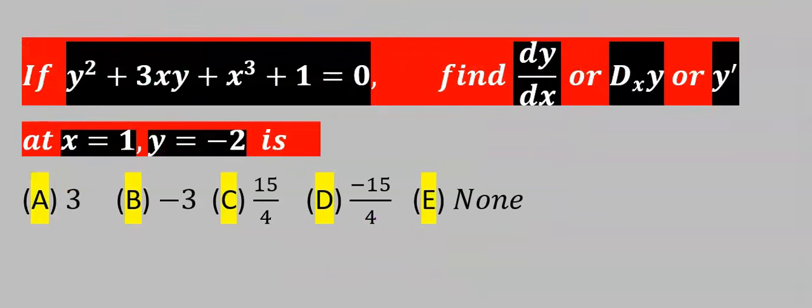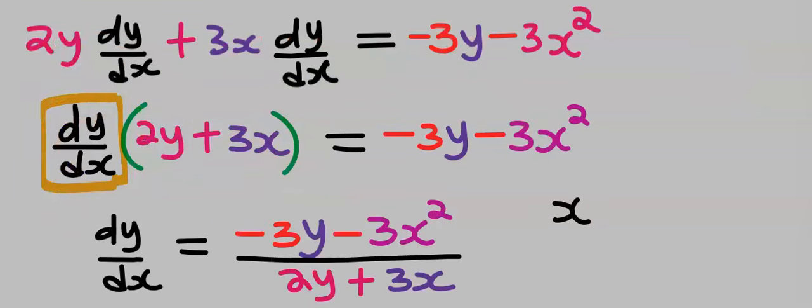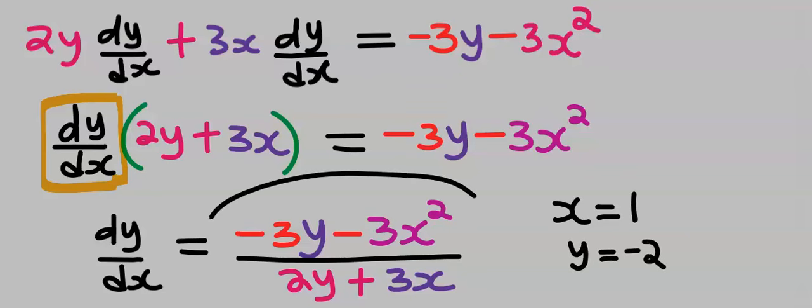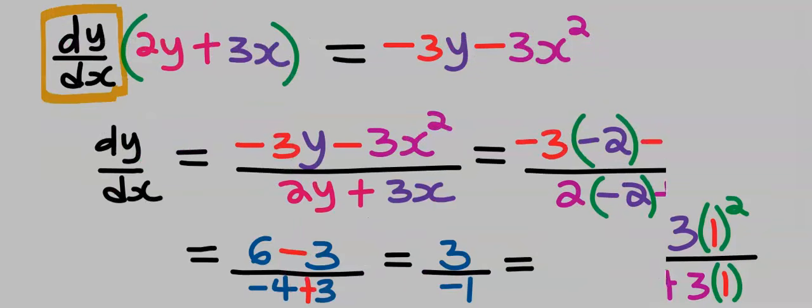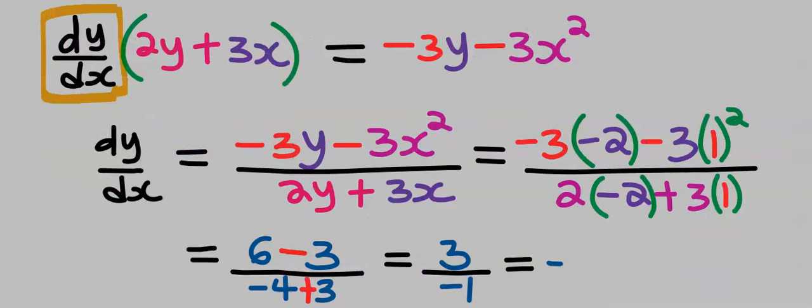However, we were given a condition that at dy dx, x is equal to 1 and y is equal to minus 2. Hence, wherever I see x, I'm going to put 1, and wherever I see y, I'll put minus 2 in our dy dx. Next, simplify your result. Next, 3 divided by minus 1 is minus 3, and this becomes our dy dx.